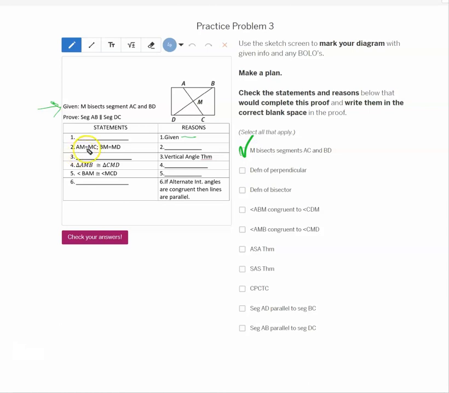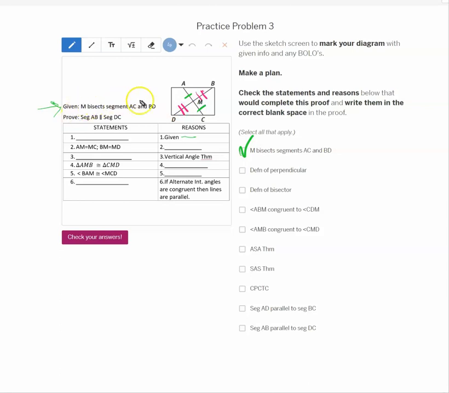The next one says AM is equal to MC, right here, and BM is equal to MD, and I'll just do it in a different color. Then we have to know what the reason is.